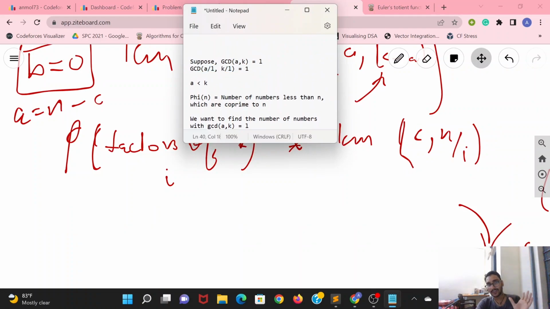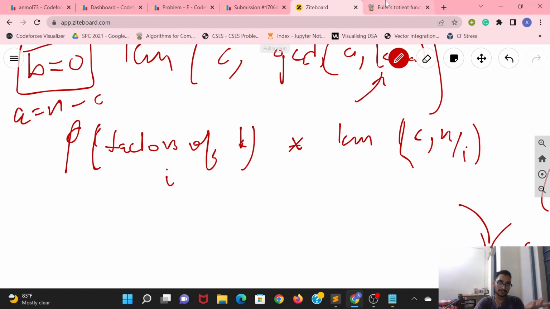Whenever you see something very standard, this is basically telling you that you want GCD of a comma b to be 1, so first you need to find the number of a's such that GCD of a comma b is 1. You can try googling this during the contest also, and you would find about the Euler totient function there.